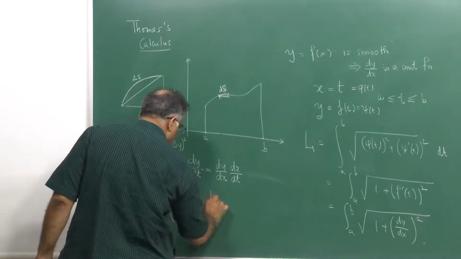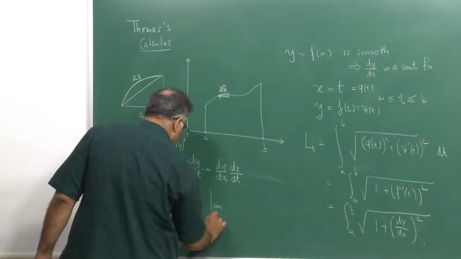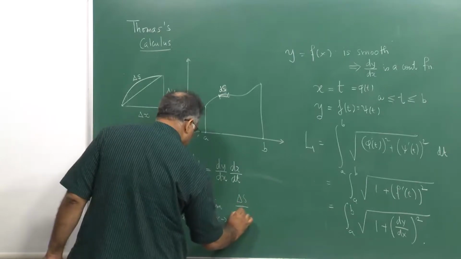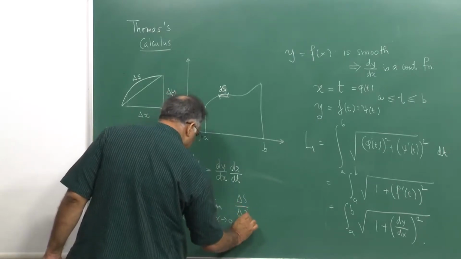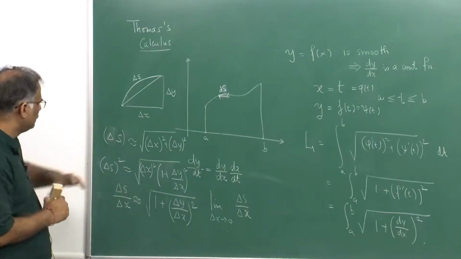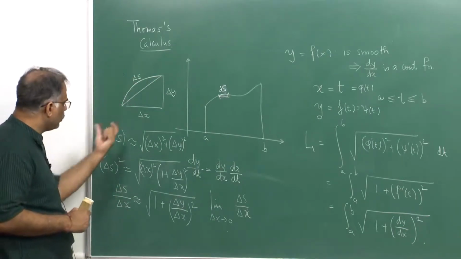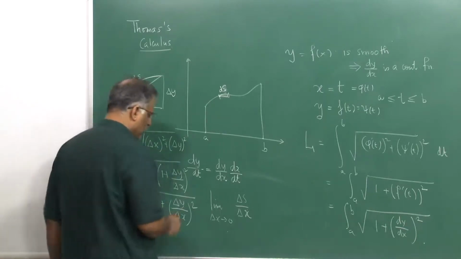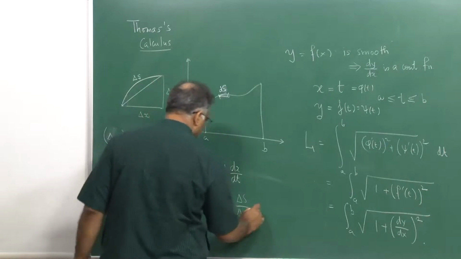So, in the limit as del x tends to 0, in the ratio del s by del x, the hypotenuse length almost approaches the actual length del s. So, in the limit the lengths coincide.